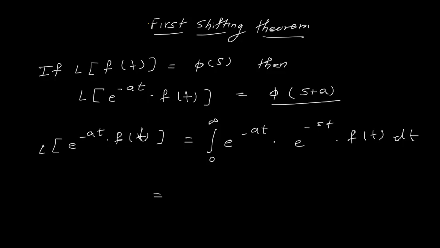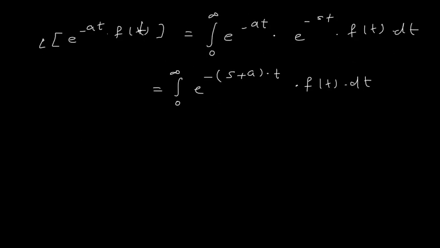So this is equal to 0 to infinity e power, now if I take minus t common, it will be minus, in bracket we have s plus a, into t, into f of t into dt. So by definition this will be equal to phi of s plus a.